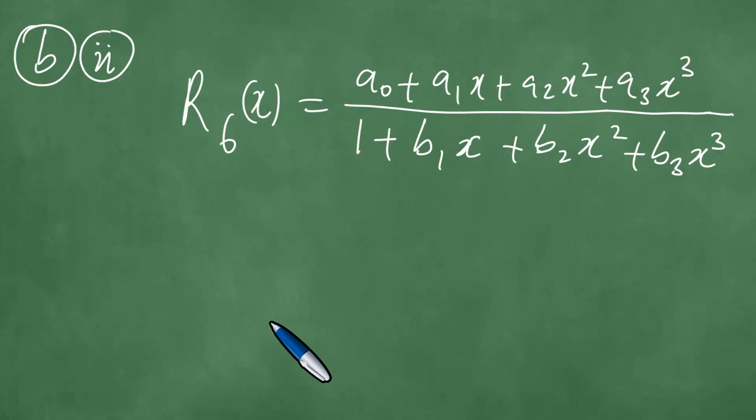So this is R6 of X. We have the AIs and the BIs. The A's are in the numerator and the B's in the denominator, like P as the numerator and Q as the denominator in the definition we wrote earlier.